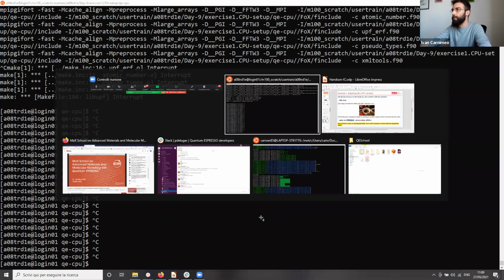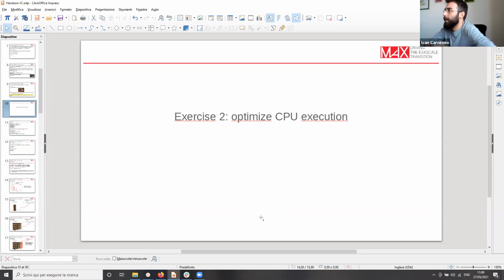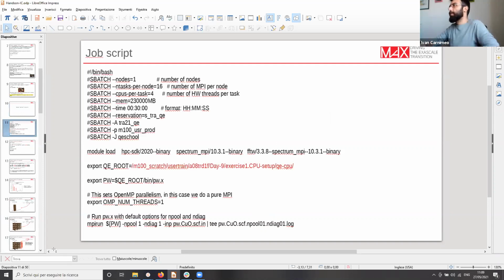So exercise 2 is how to run calculations exploiting HPC cluster architecture. For this very complex architecture, there is usually a job scheduler, which means that if there are too many people sending jobs at the same time, there is a manager that queues the jobs in such a way that if I send a job but all nodes are occupied, I will wait until one of the nodes is free, and then my calculation will go.